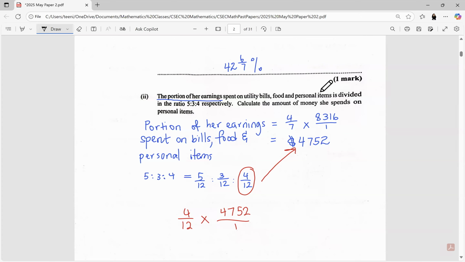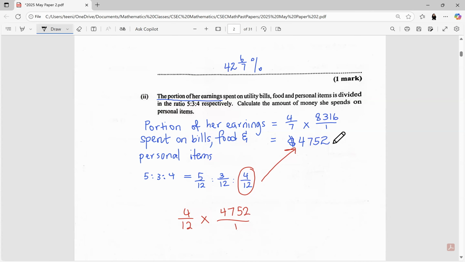But in order to work out the full question, we had to get a few things first. Well, what that portion really was, because all we knew was what fraction it was of her total salary. But with that information, you could figure out the actual dollar value by doing 4/7 times her salary, which we worked out to be 4,752.